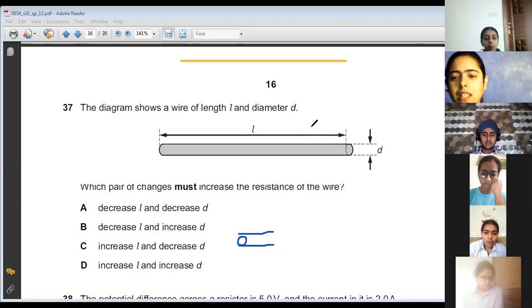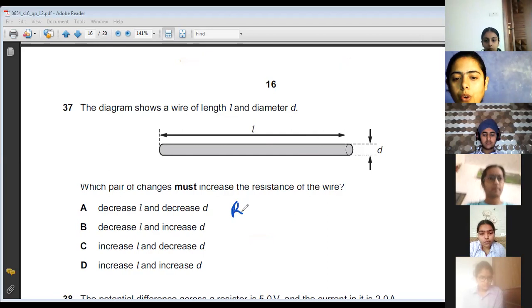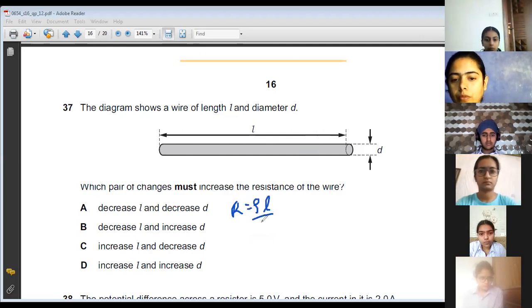So in the same way, the more diameter you have, that is very good if you want a lot to flow at the same time. But if you want to increase the resistance, you have to decrease the diameter. The formula you already have, R is equal to rho L over A. R means resistance, L means length.